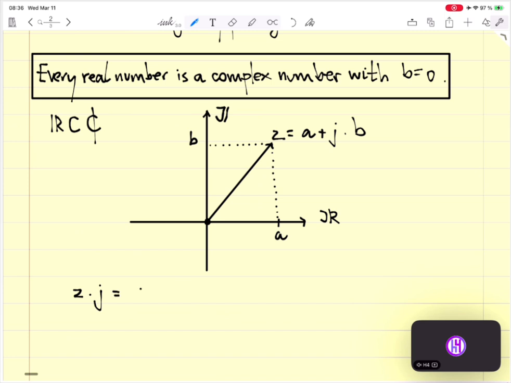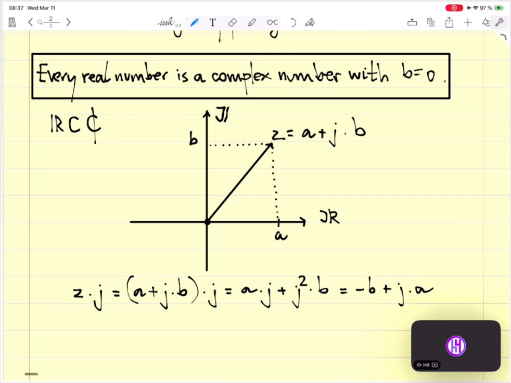Well, this is a plus j times b, times j. If we do this, it is a times j plus j squared times b, but j squared is what? Minus 1. So this is minus b plus j times a.